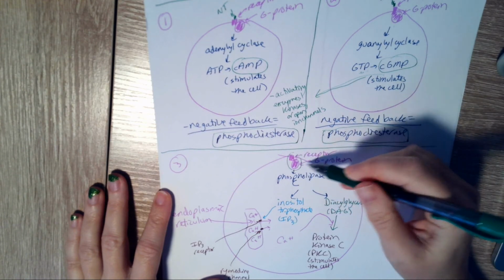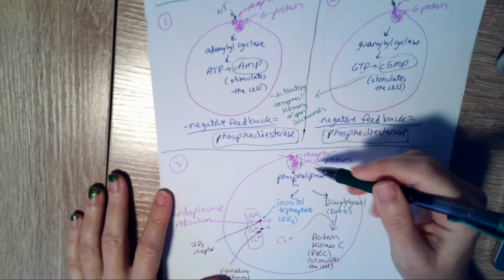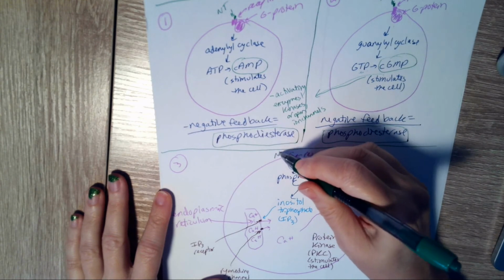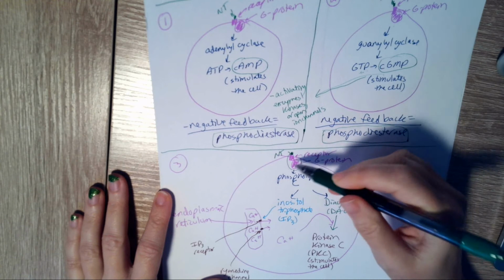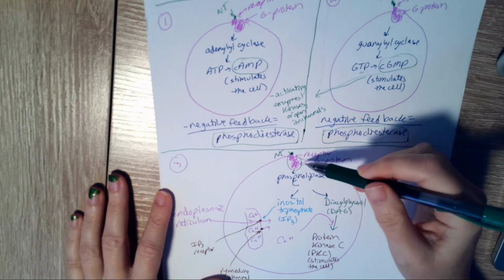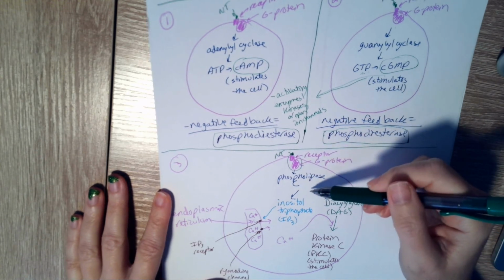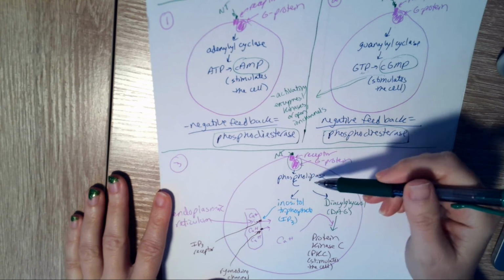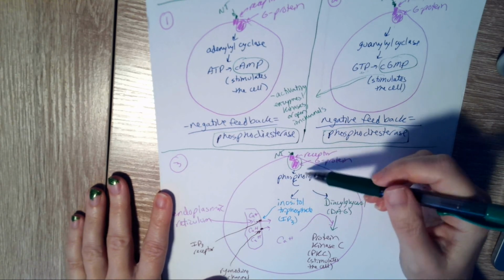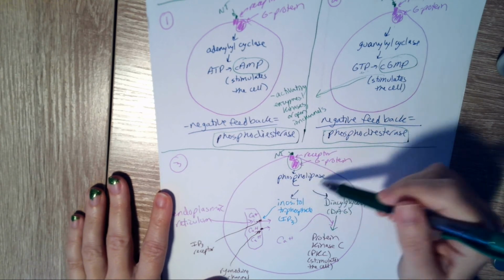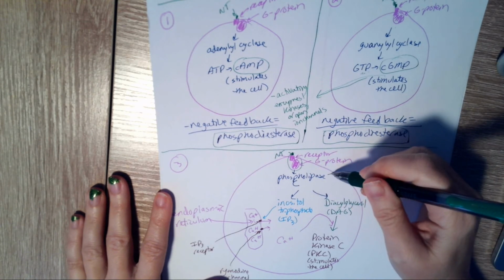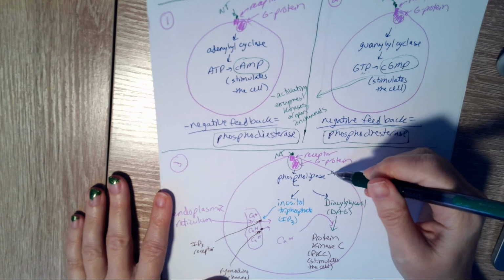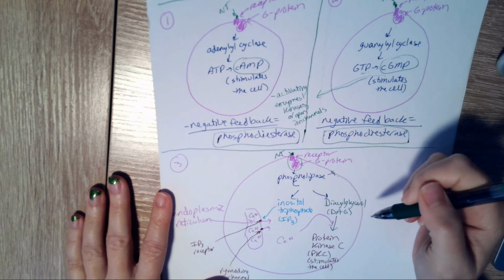Receptor with a G protein inactive, bound on the inside of the cell membrane. Here comes the neurotransmitter. The neurotransmitter binds to the receptor, activates the G protein, and that G protein activates an enzyme, just like what we saw before. This enzyme now is called phospholipase C. What phospholipase C does is it goes to the cell membrane and snips out little pieces of those membrane phospholipids.